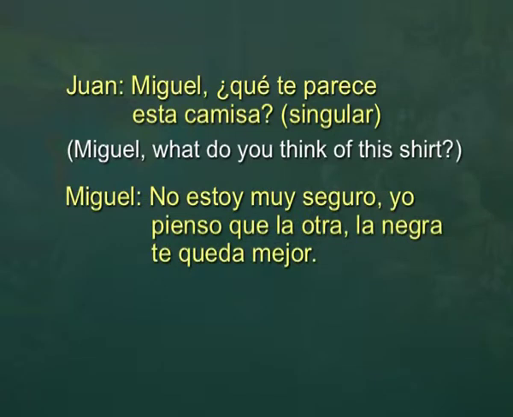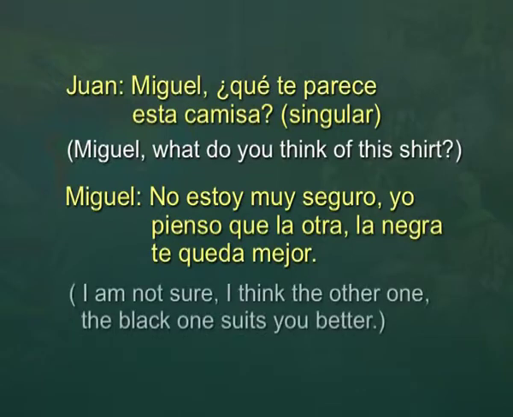And Miguel responds, no estoy muy seguro. Yo pienso que la otra, la negra, te queda mejor. What did he say? He said, I'm not sure. I think the other one, the black one, suits you better.